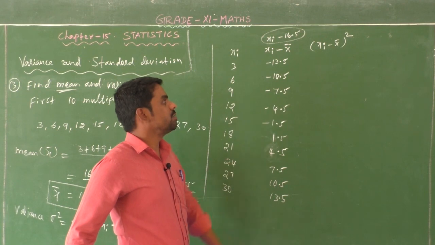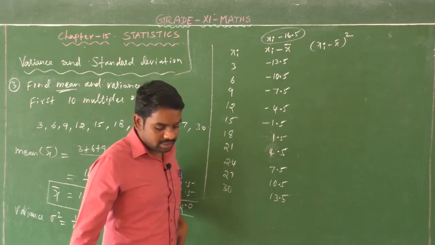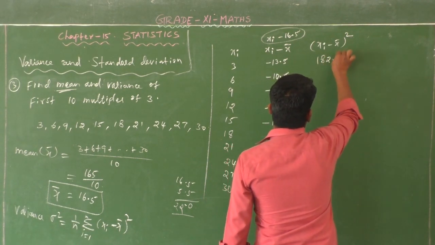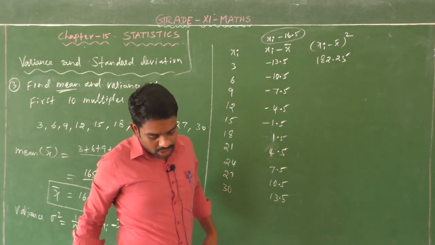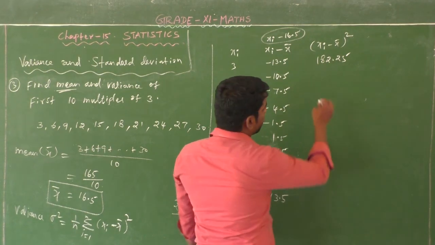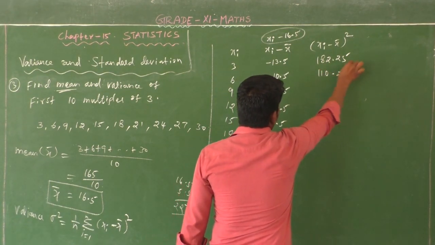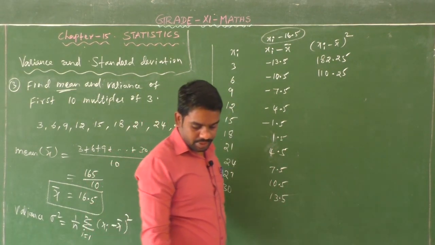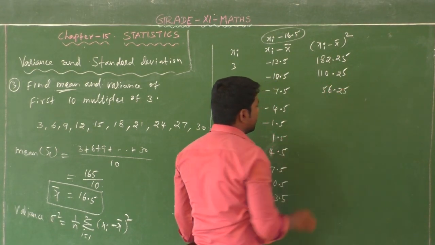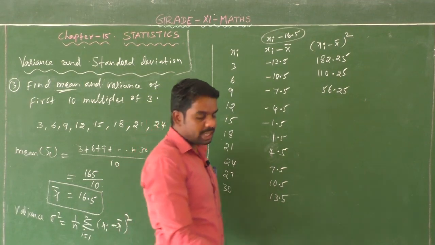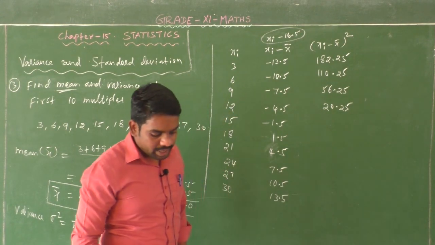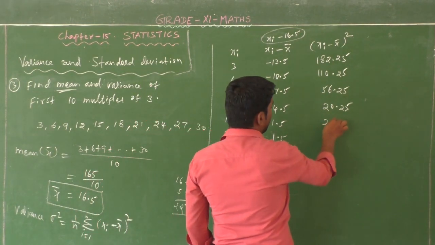Minus 13.5 the whole square is 182.25. Minus 10.5 the whole square is 110.25. 7.5 the whole square is 56.25. 4.5 the whole square is 20.25. 1.5 the whole square is 2.25.